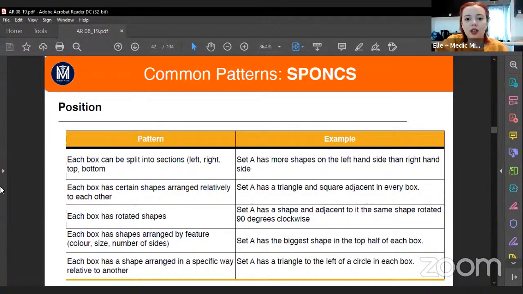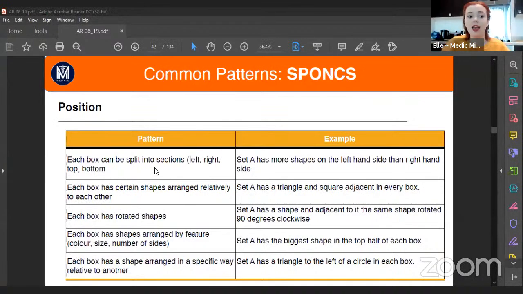Okay, so then looking at position. So the position is really about where are these shapes? And that can be where are they in the box or where are they in relation to each other? So an example of that would be when you've got lots of shapes in the box, but the key is that actually the square is always to the right-hand side of the triangle. And these are patterns that you have to kind of see in practice to really get them in your mind.